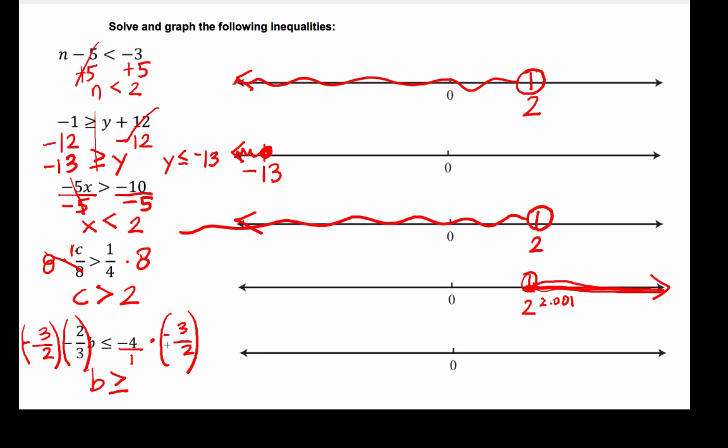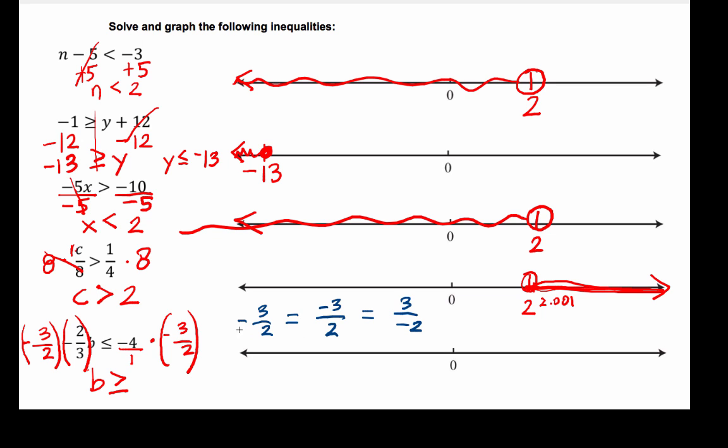And this brings up an interesting point here. This -3/2, let me write this to the side. Is that the same as -3 over 2? Or 3 over -2? Or does the negative go out in front? Well, the answer is any of these. Any of these three are correct.